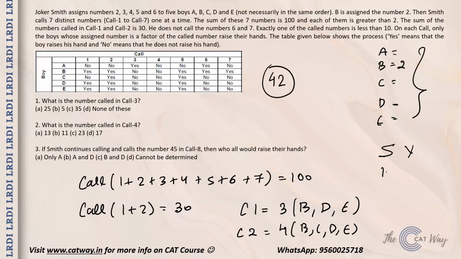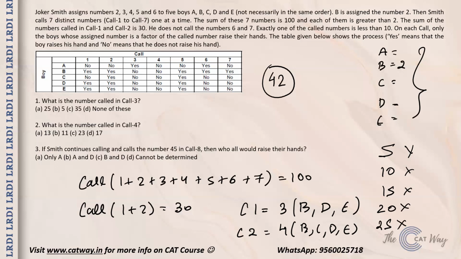If it would have been 10, then among 3, 4, and 6 there would be 3 people who would not be able to raise their hand. If it was 15, B was not able to raise his hand. If it was 20, B was able to raise, but the person who has been given 3 cannot raise, and the person who has been given 6 cannot raise. So 20 is not an option.